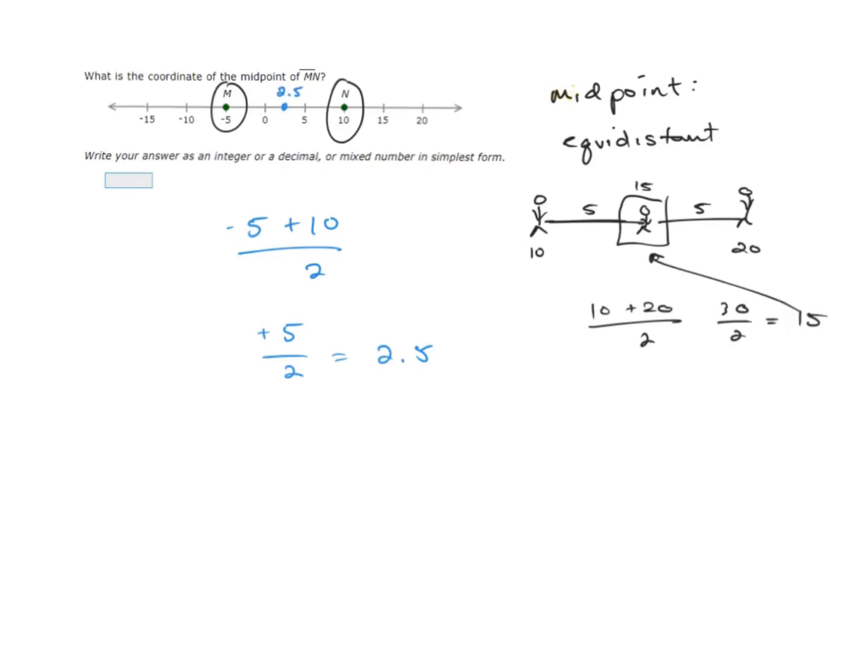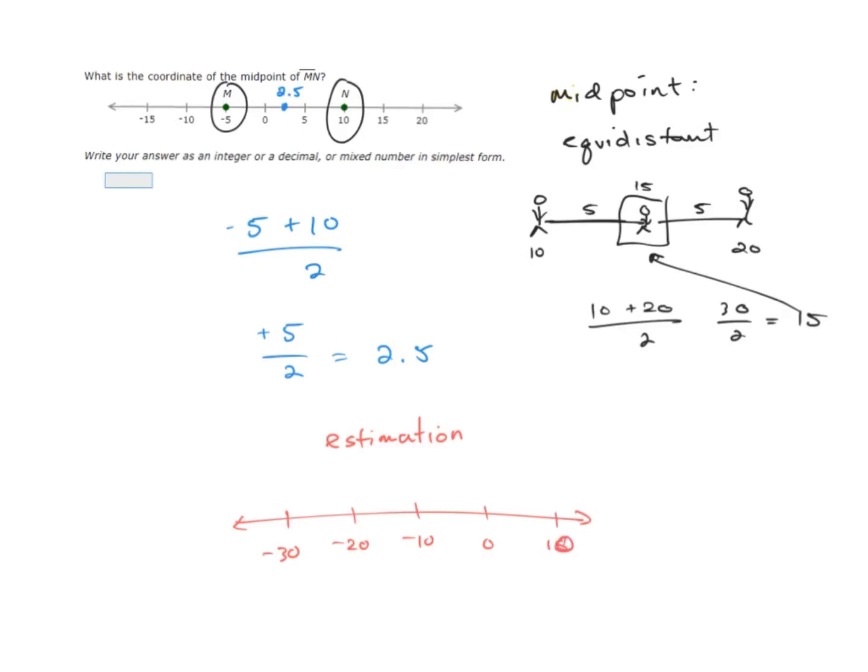Now, one thing you could do to help you, which I like, is estimation. When you have this type of problem, just look at a number line. Just look at -30, -20, -10, 0, 10.